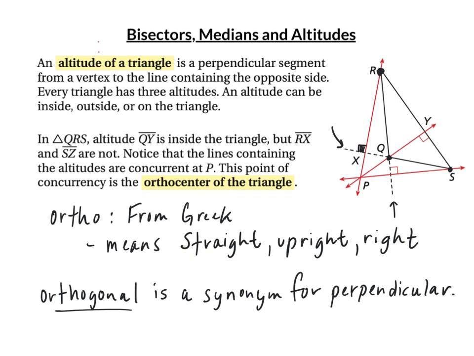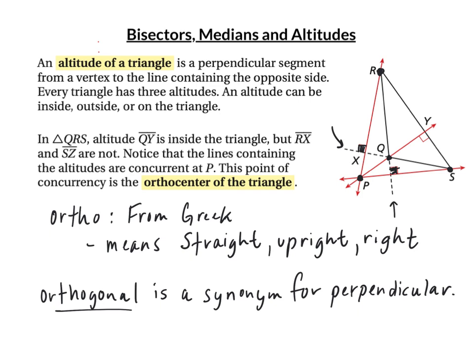They had to extend that side out with the dashed line, and the perpendicular from S to that dashed line right here is again outside the triangle. But all 3 of these perpendiculars intersect, in this case, outside the triangle. It can be inside. I'll show you an example in a second. This is the orthocenter, the intersection of the 3 perpendiculars.